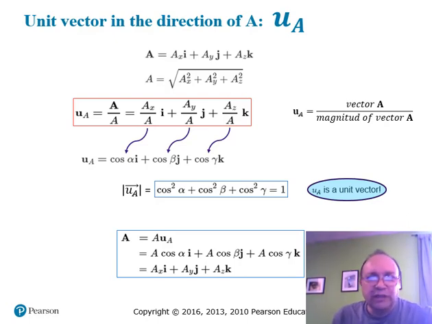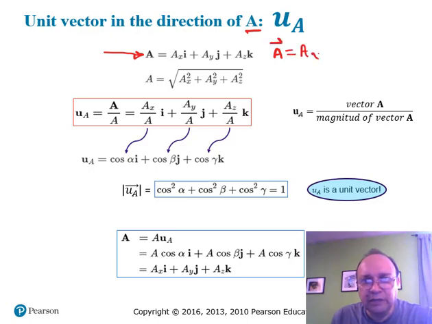Let's say we're talking about the unit vector in the direction of the vector A. If you had a vector A, which is represented here by its rectangular components, and I would like better to keep the handwriting notation, equals ax times the vector i plus ay j plus az k.